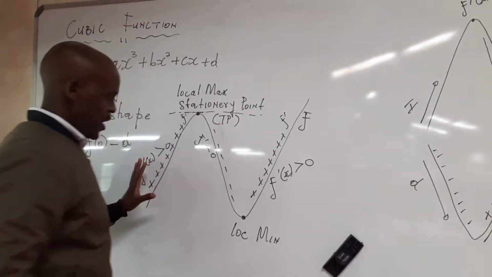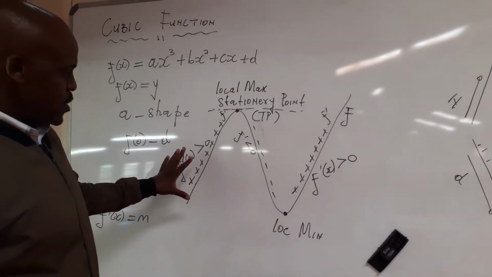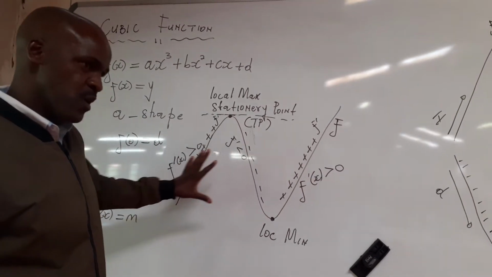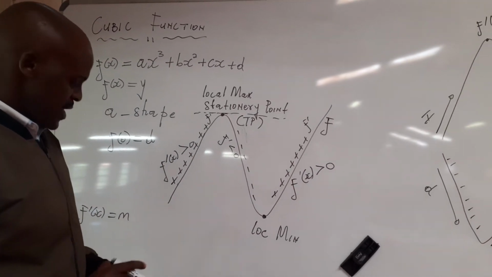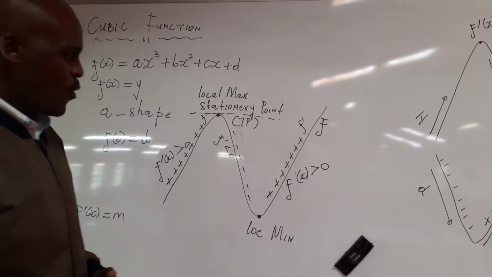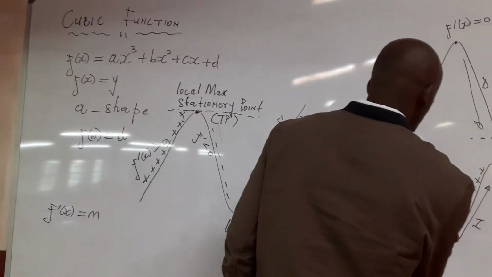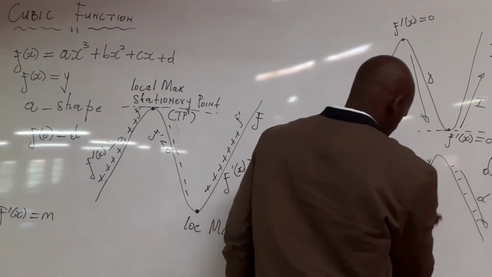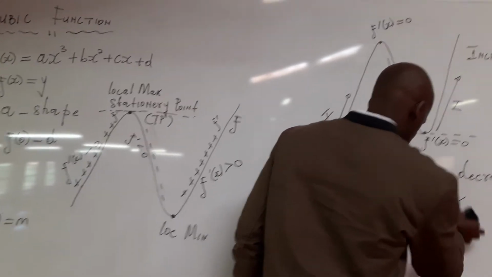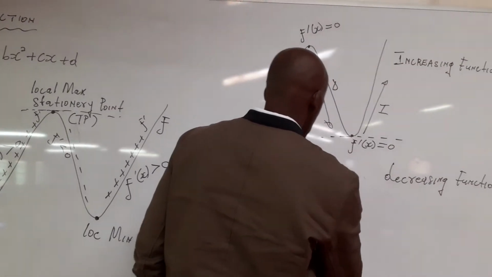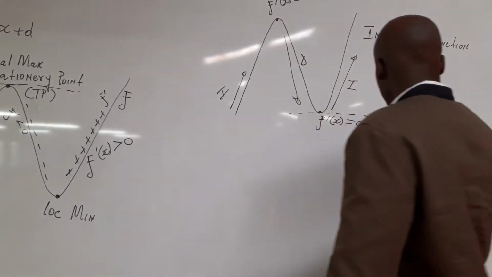We were looking at how to interpret this in terms of a gradient. Right, let's now look at what happens if we have what we call the x-axis, because the graph has to have the y-axis and the x-axis.